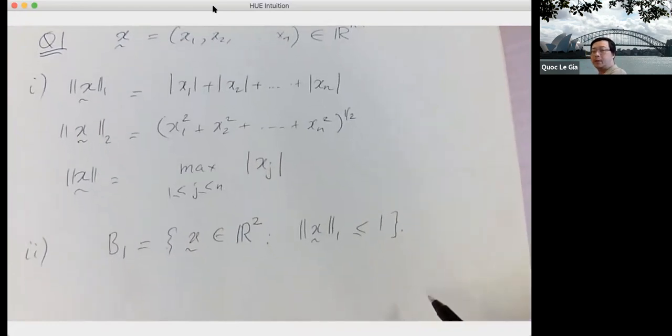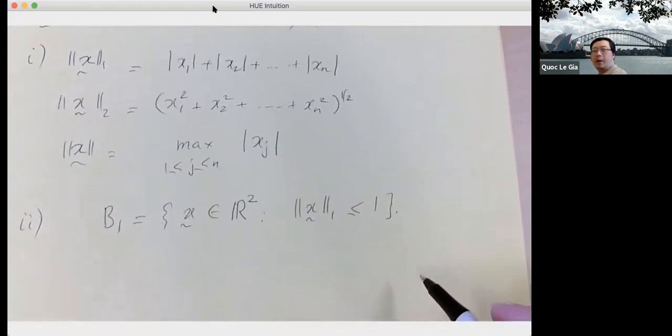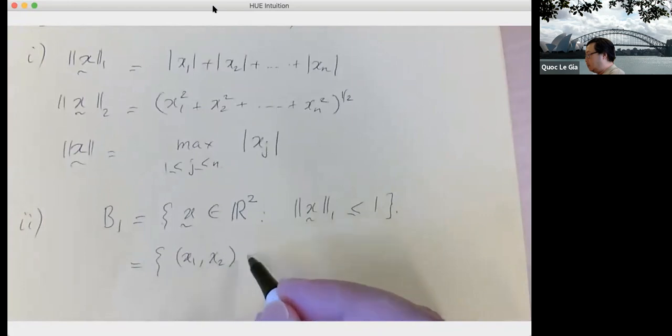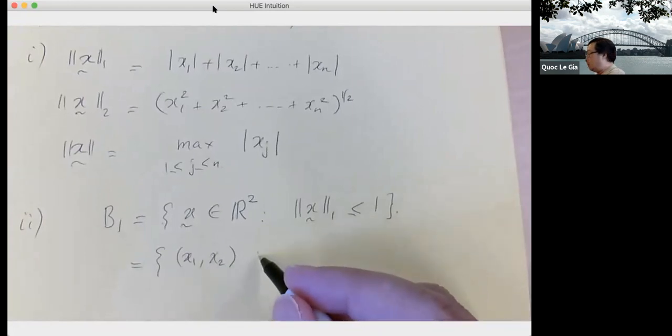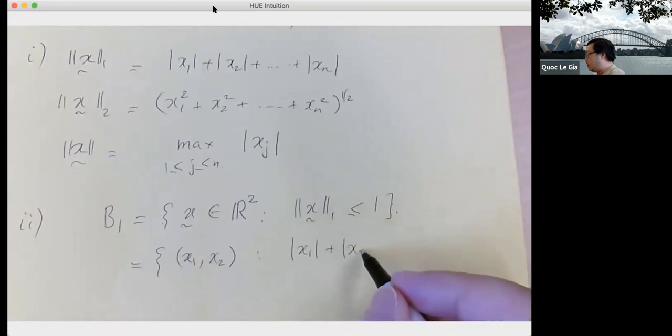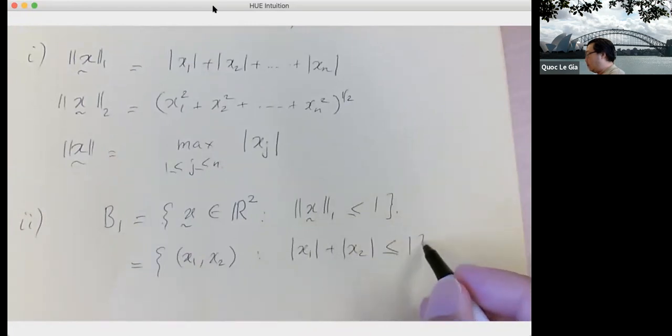So how do you plot this? Let me expand this a bit. This one is just x1, x2, so that x1 in absolute value plus x2 in absolute value is less than or equal to 1.